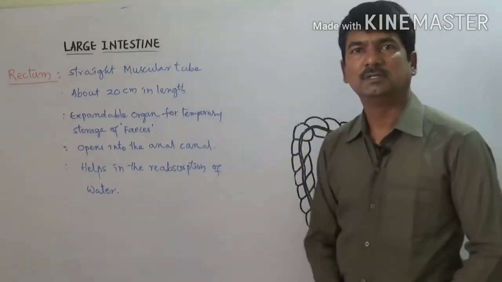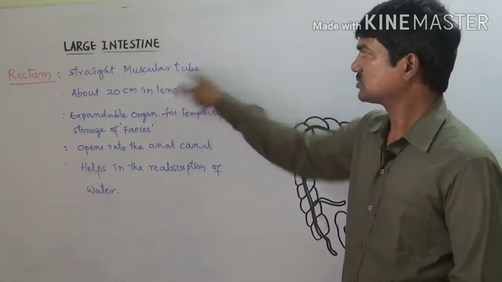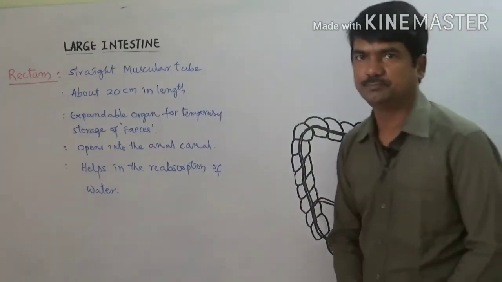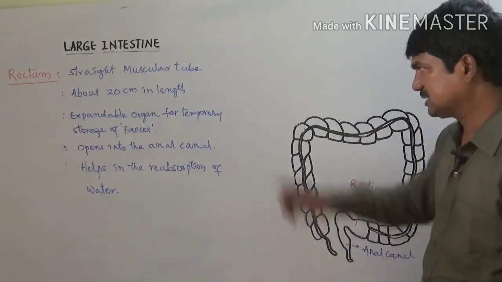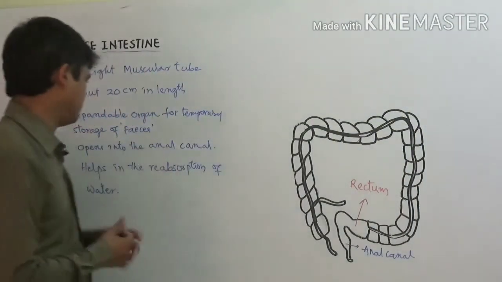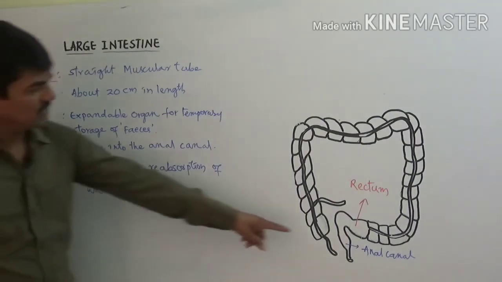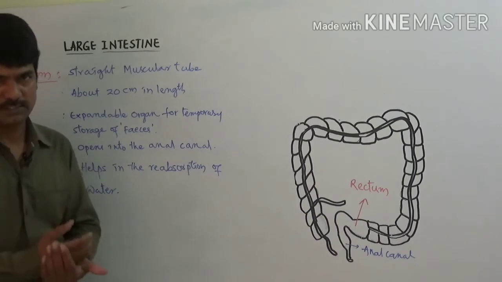Rectum. It is another part of the large intestine. It is a straight muscular tube, about 20 centimeters in length, an expandable organ for temporary storage of feces. It opens into the anal canal and helps in the reabsorption of water.